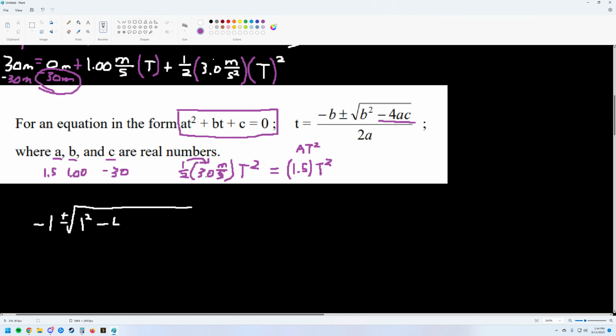So minus 4 times A. We said A was 1.5, and that's times C, which is negative 30. All of that is going to be over 2A. So 2 times A, which is 1.5.